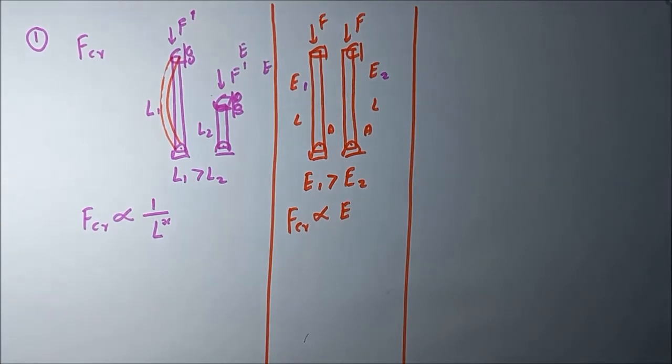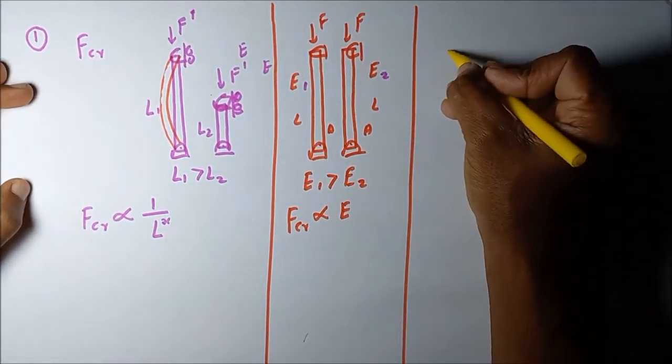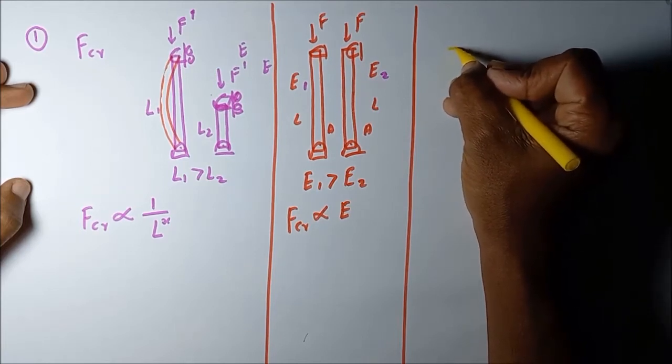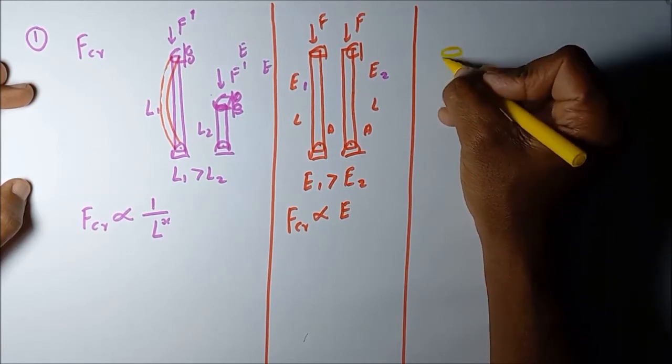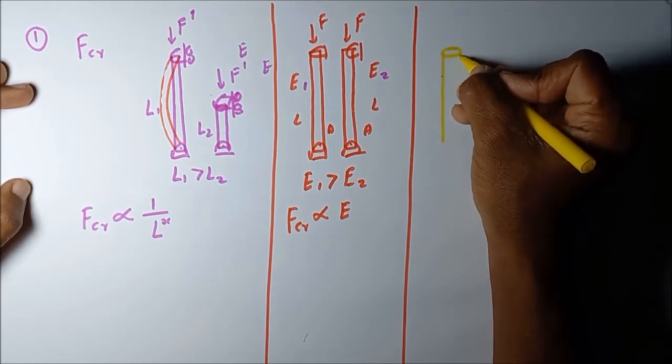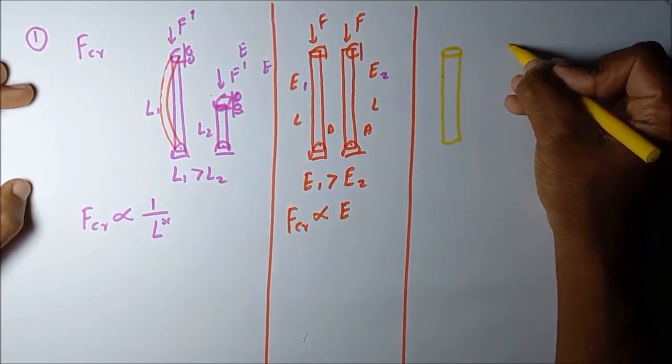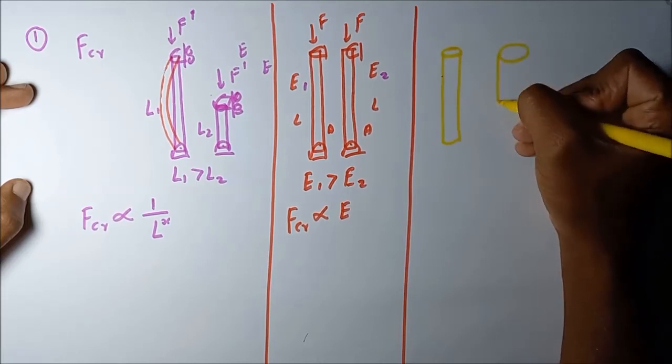In this situation, the same amount of material. Let's take this is the cross section of a solid, then this is the hollow, but same amount of material, same weightage.